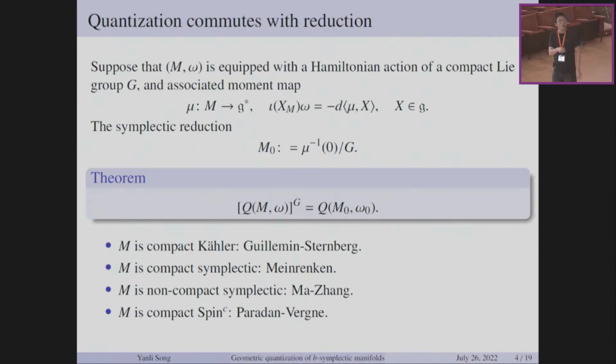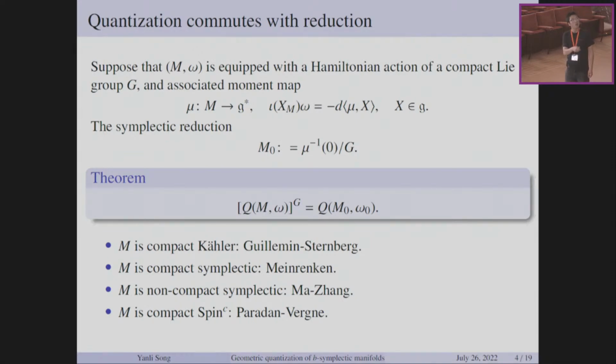Reduction on the left-hand side means that you take the G-invariant part. You can also do the reduction on the geometric side first, that is the right-hand side. You first do symplectic reduction, from which you get a compact symplectic manifold without group action, and then you quantize it. So you do reduction first, and then quantization. You get a finite dimensional vector space.